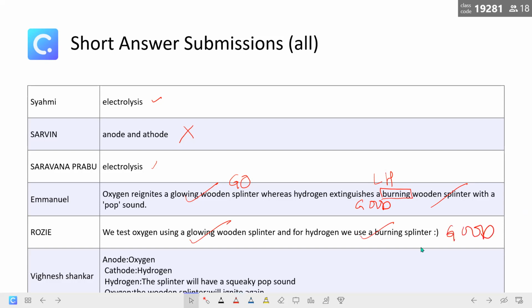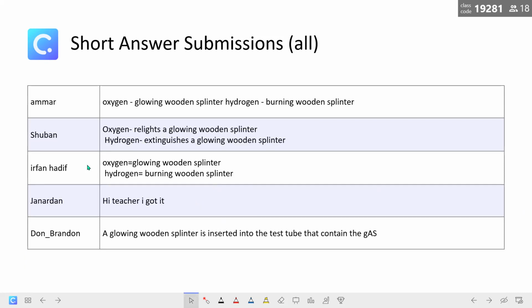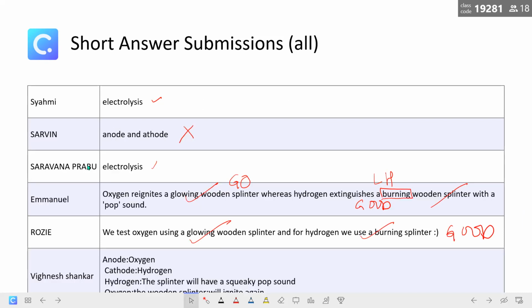Okay, Vignesh. Vignesh said the splinter will have a squeaky pop sound, wooden splinter. But he didn't tell me what splinter, so teacher cannot give marks. Vignesh must be more careful. Vignesh, did you hear teacher?